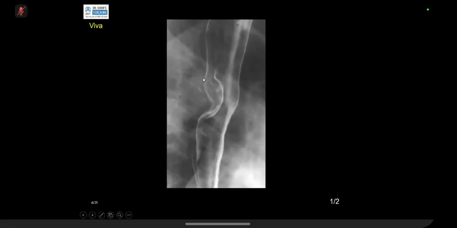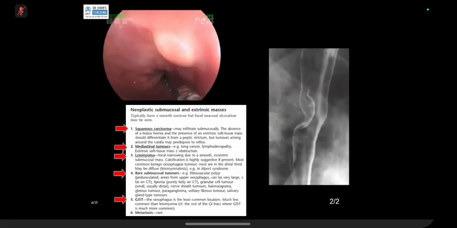Now, this something, if it was outside and projecting from outside, even on an X-ray you should have seen something there. So where can it be? Inside. It can be in the wall. And this is where, when you do an endoscopy, you will find this kind of a thing.